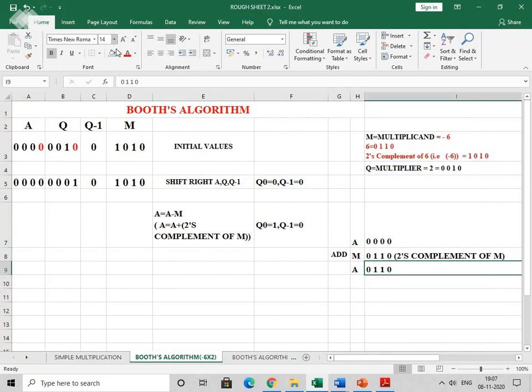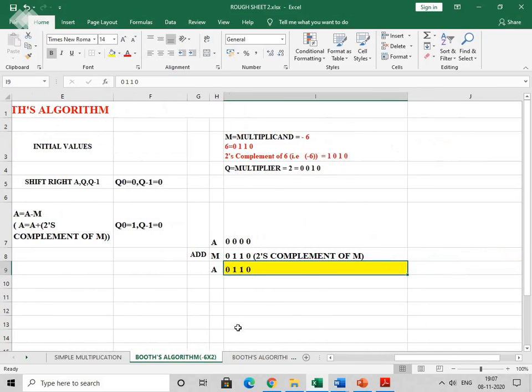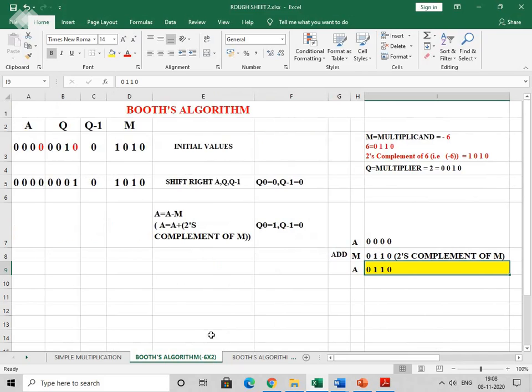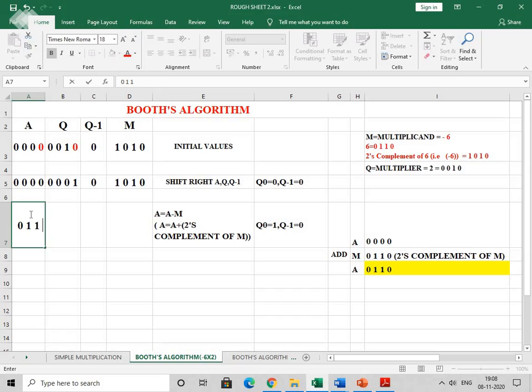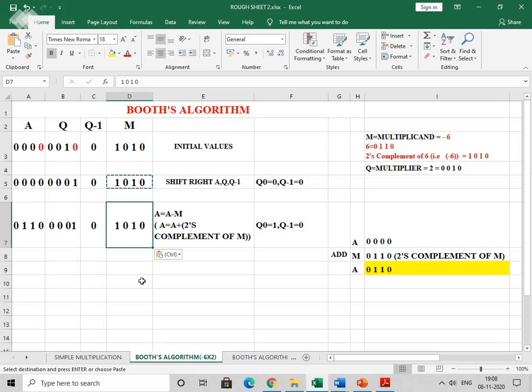This value, store it at this one, 0110, and Q will remain as it is, Q minus 1 will remain as it is, M will remain as it is, right?